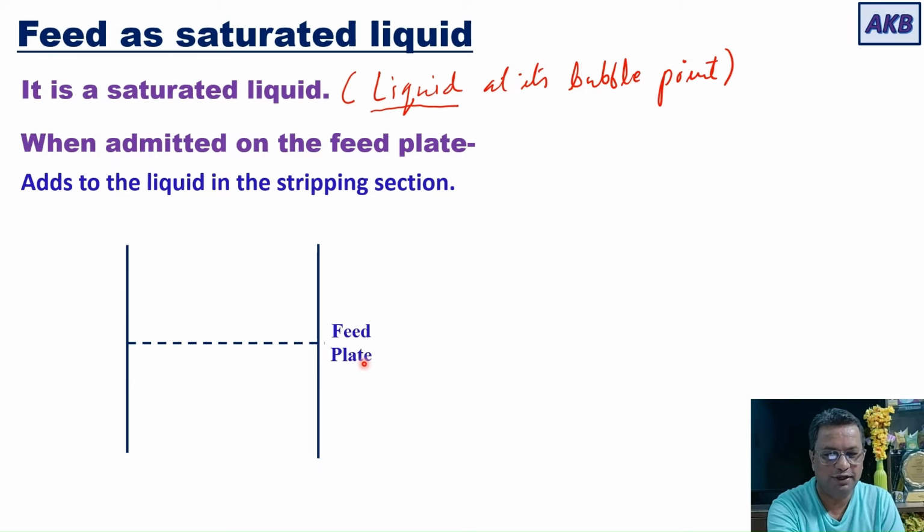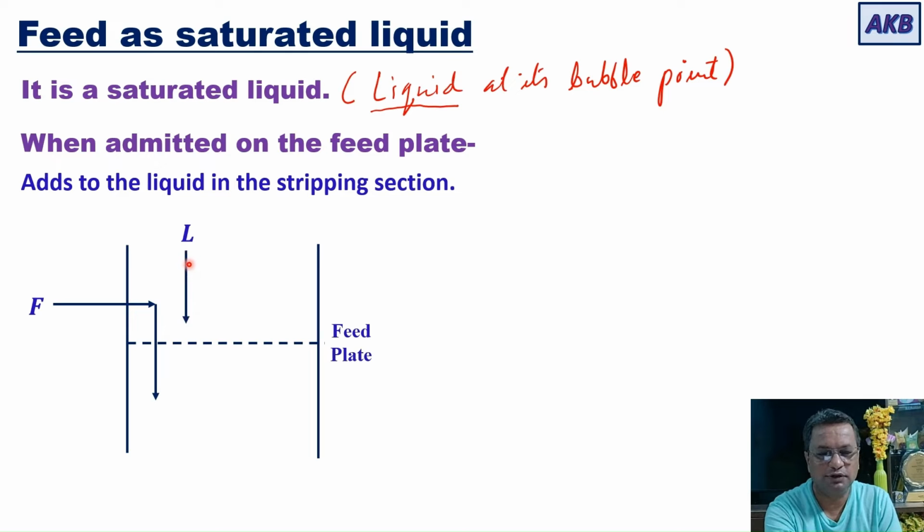So you have the feed plate and feed, which is now a saturated liquid. It is admitted into the column. So all of the liquid will be flowing down. Then you have the liquid that is coming from the rectifying section. It will be adding to this liquid. And this will give you L bar, which will be the molar liquid flow rate in the stripping section.